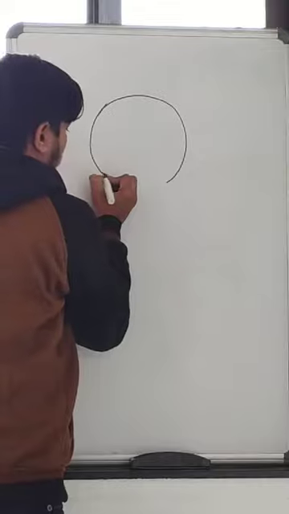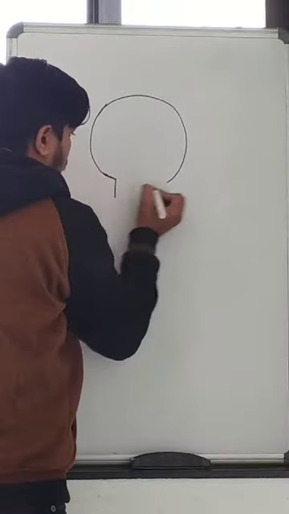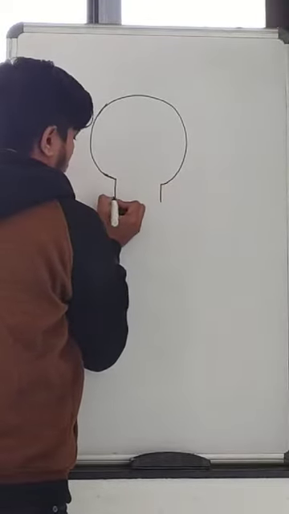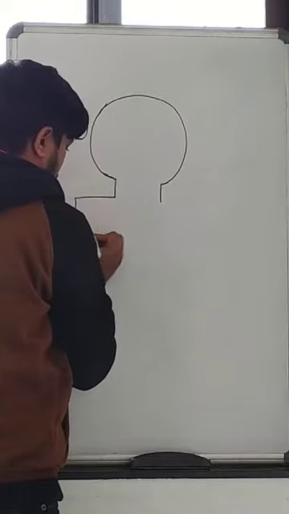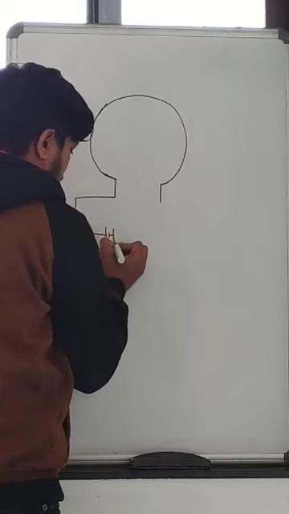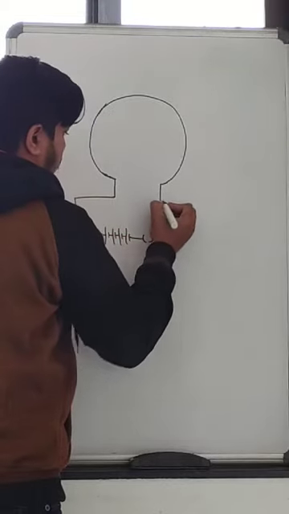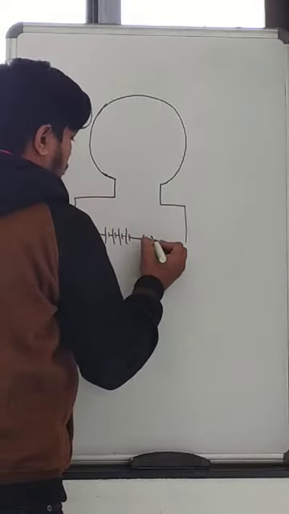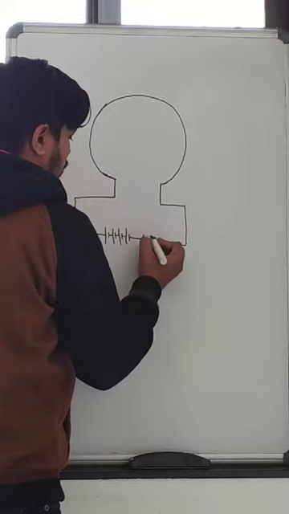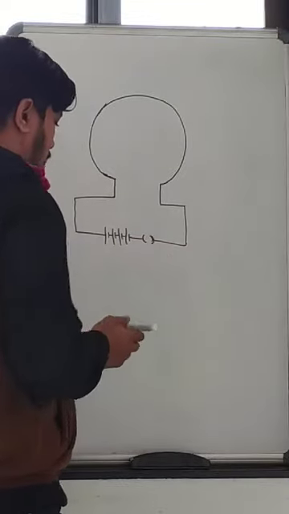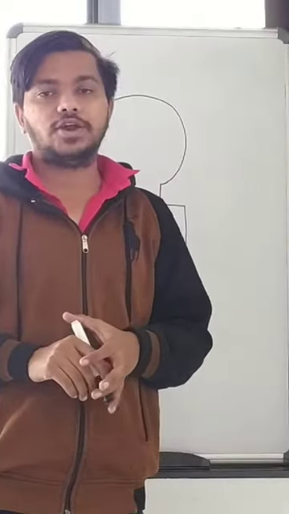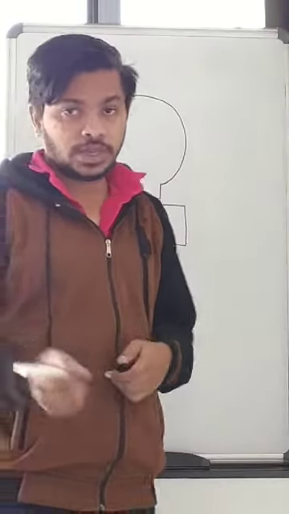Now, for conducting current, we connect its ends to a battery. Here is one battery. And with the battery you have to connect a key also, so that you can stop the current at any time, or if you close the key, the current can flow at any time, right?